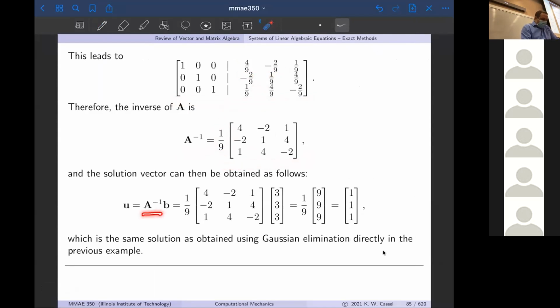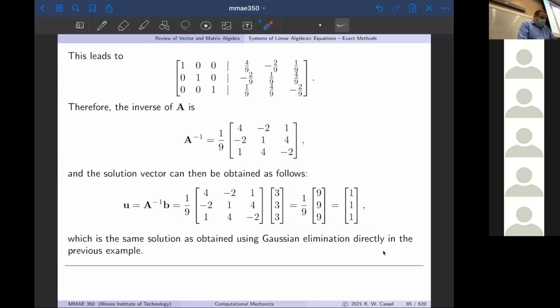When I multiply the matrix inverse times B, here's B, 3, 3, 3, I get 1/9 times 9, 9, 9, which is 1, 1, 1. Same solution. So which one is more work?